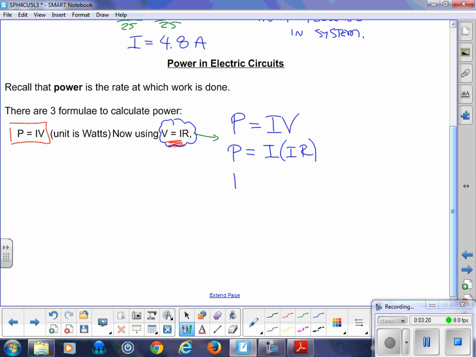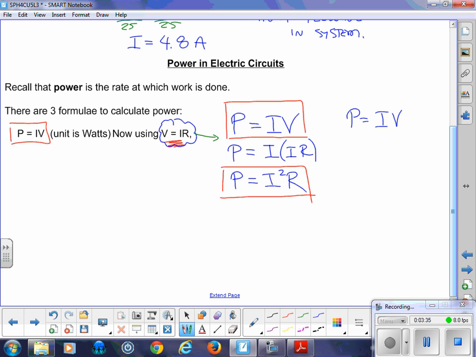You're not going to have to regurgitate this or do it for me again. I just want to show you where it comes from. So there's your second formula: here's your first, here's your second. They're all calculating power. I'll start fresh again. P equals IV. Now I'm going to rearrange V equals IR to get I by itself.